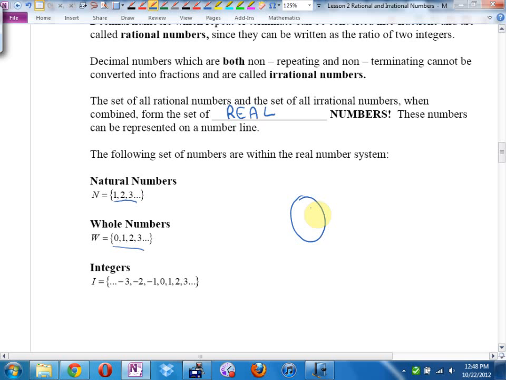Add a 0. Whatever works for you, but it works for me. So natural numbers, the ones that appear in nature, 0 really doesn't. Whole numbers, okay, still no decimals, but let's start counting at 0 because we want to be able to say there's nothing.